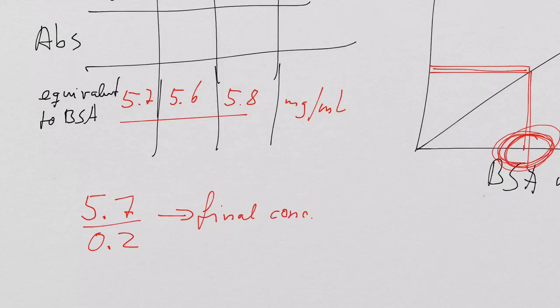This is what was originally in tube A, or tube B, or tube C. So that would be here, 5.6 over 0.2, 5.8 over 0.2. Does that make sense? Has that clarified everything now? Hopefully. Clear as mud. Okay. Yes, good. Happy with that?